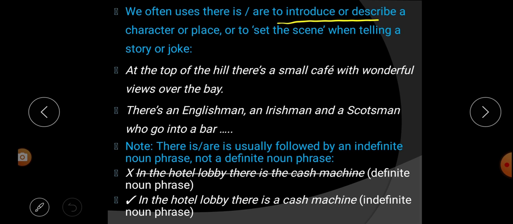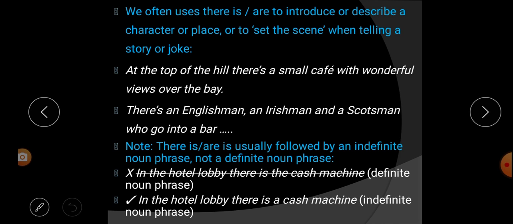Either to introduce or describe a character or a place, or to set the scene when telling a story or joke. That means while we are telling a story or a joke, to introduce or describe a character, a place or the scene, we use introductory there.